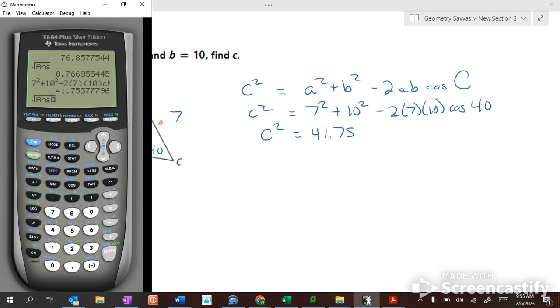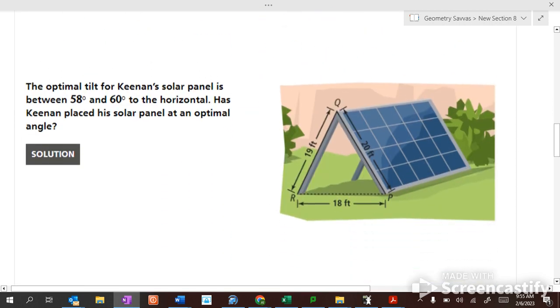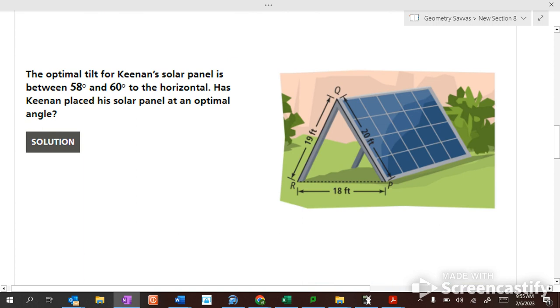So second square root, second answer, and hit equals. And you get 6.46. So C equals 6.5, rounded to the nearest tenth. So to find a side is completely easy, okay? Finding an angle, not quite so easy, okay?